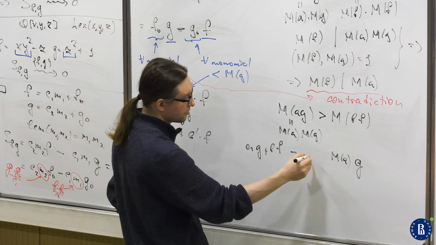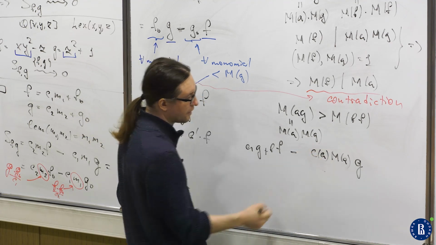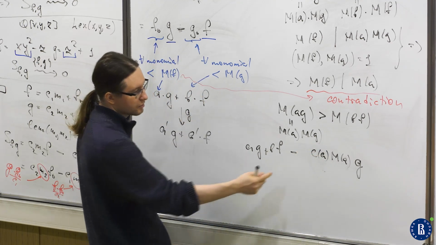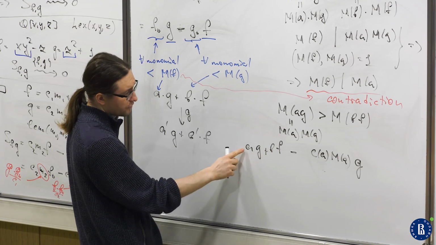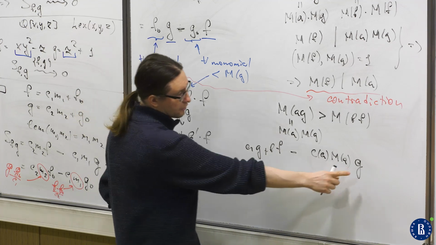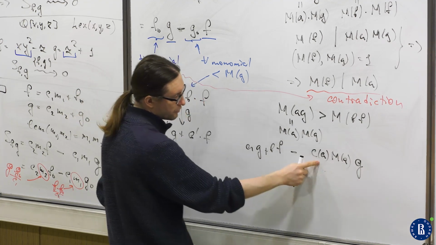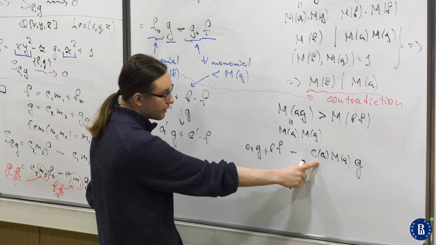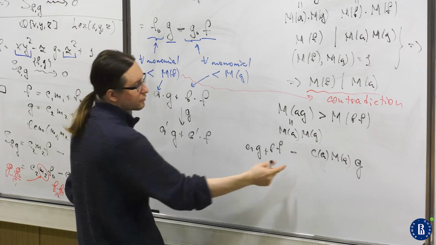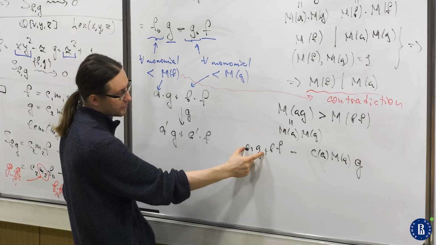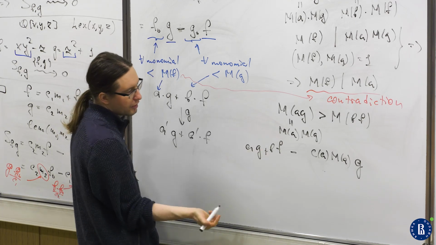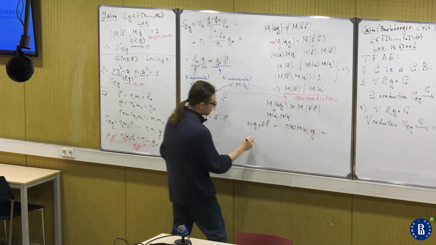So we just need to multiply by the leading coefficient of A and subtract this expression, because the leading coefficient here is the product of the leading coefficients of A and G. The leading coefficient of G is already here, so we just need to add the leading coefficient of A. So now the leading term of this expression is exactly the same as the leading term of this expression. So after subtraction, what will we get?